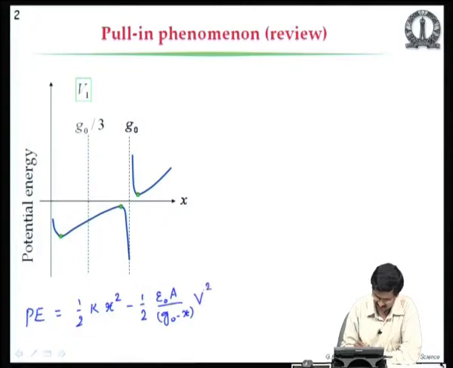That is the electrostatic energy. We discussed why it should be a negative sign, and then we have the strain energy, spring energy, half k x square. This is the potential energy.